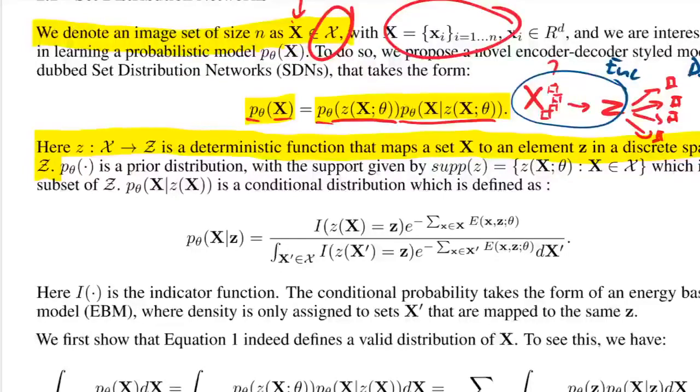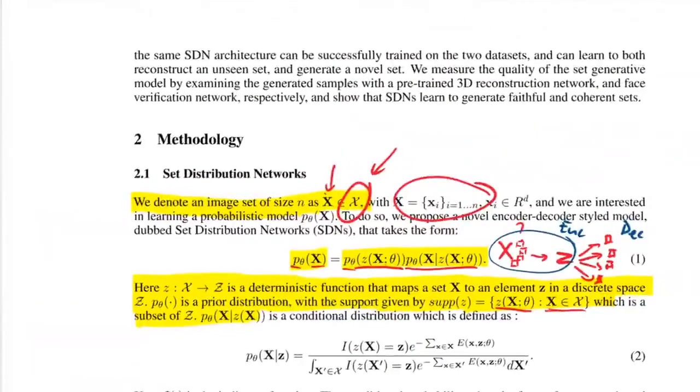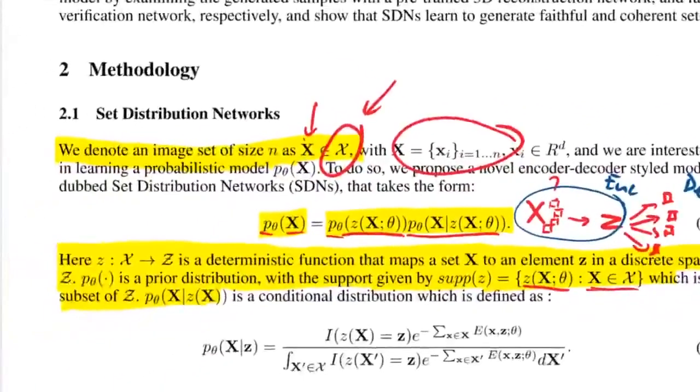So here P is a prior distribution with the support given by sub Z, which means all the Z vectors that have some sort of set associated with them, which is a subset of all the Z. So that basically means that if we have a given encoder, not all of these binary vectors are going to be filled.